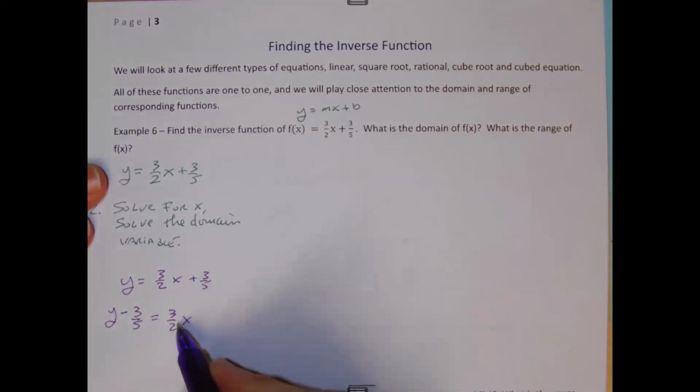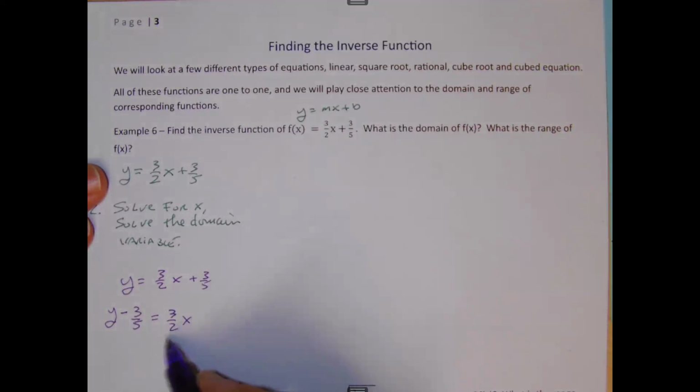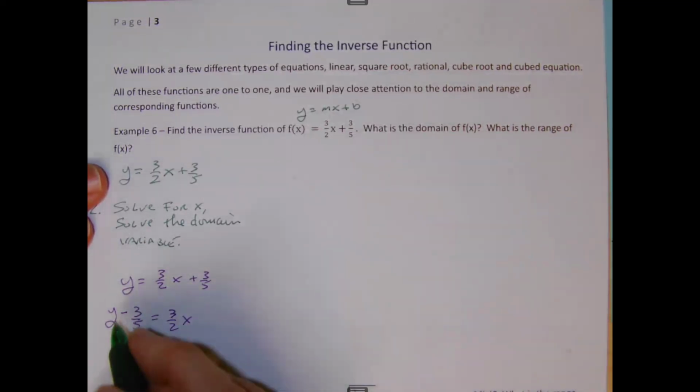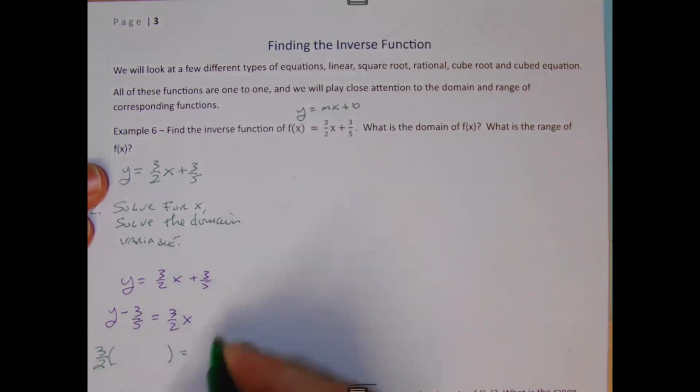Next, I need to get rid of this factor, 3/2. And I could divide by 3/2, but because this is a fraction, I'm not going to do that. Instead, I'm going to write this step out. So I'm not just going to show the result, but I'm going to write this step out.